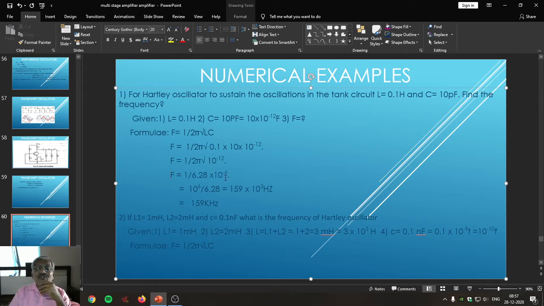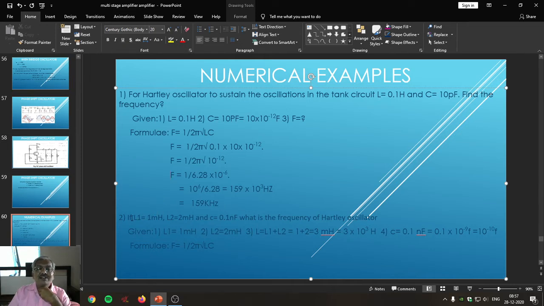By taking the 10 raised to 6 term to the numerator, it becomes 10 raised to plus 6 upon 6.28. If you solve this, you will get 159 into 10 raised to 3 hertz, that is 159 kilohertz. This is how one can solve the examples.